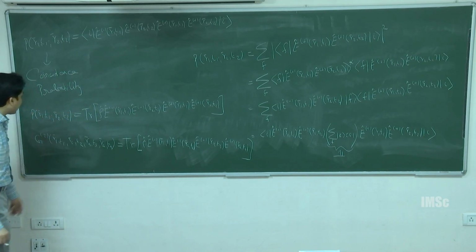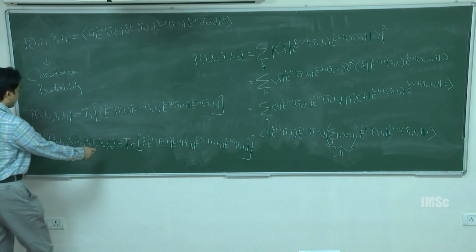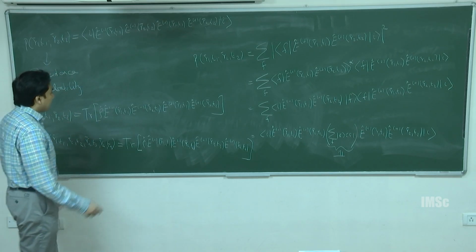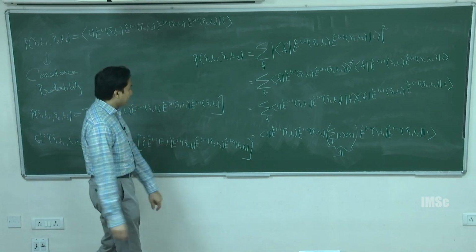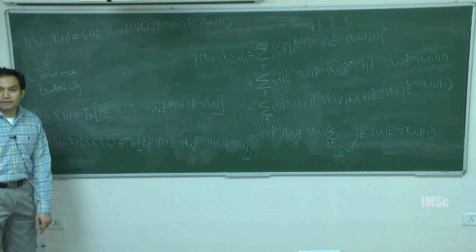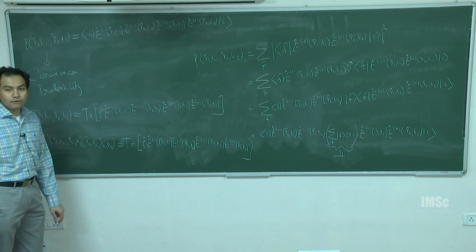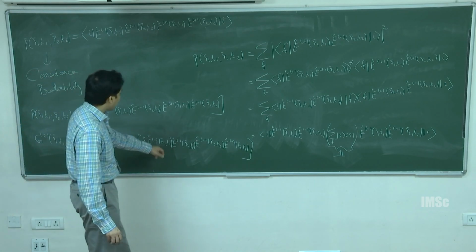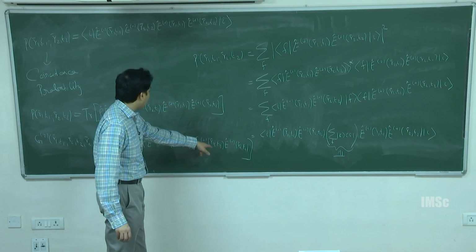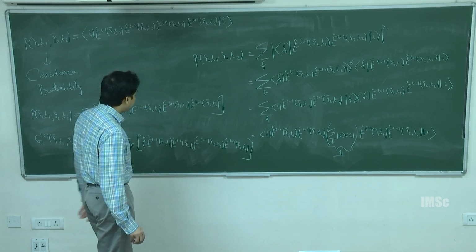What are we calculating? This calculation, G2 of R1, T1, R2, T2, R3, T3, and R4, T4, tells us how the quantized electric field corresponding to photon 1 is correlated at R1, T1 and R3, T3.